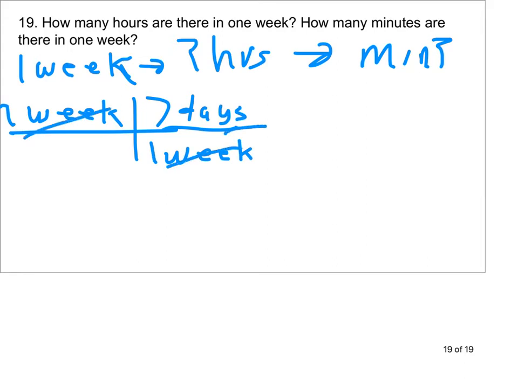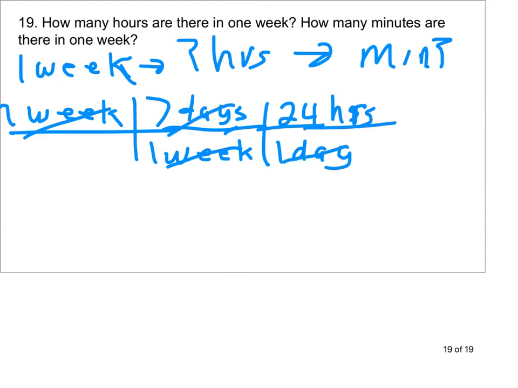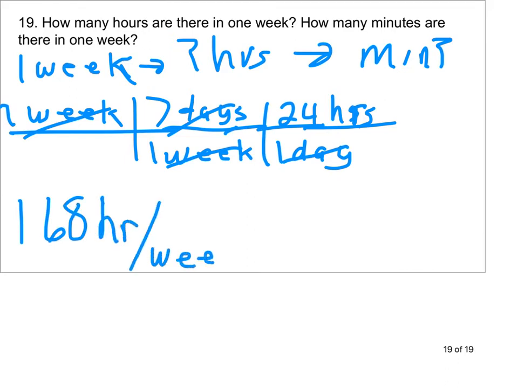Weeks divide out weeks, and you should know in a day we have 24 hours. Days cancel days. So all we really need to do here is take 7 times 24, which gives us 168 hours per week. Because week is an exact counting number, all these are exact numbers, we'll keep an infinite number of significant digits essentially. We'll keep whatever the calculator tells us.